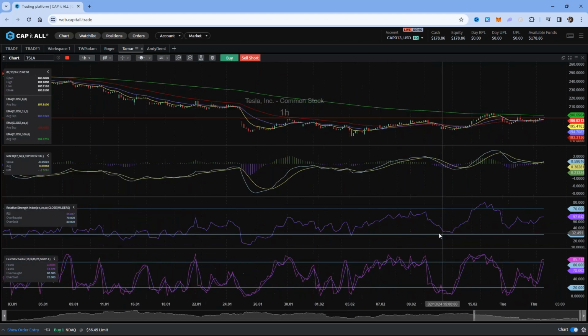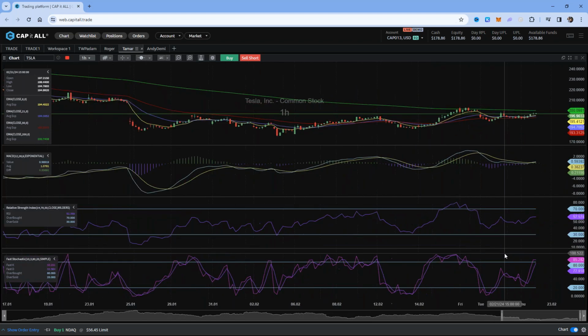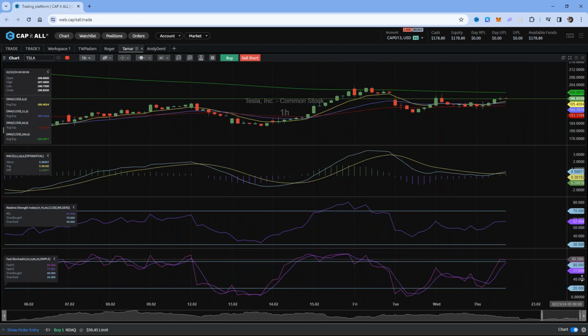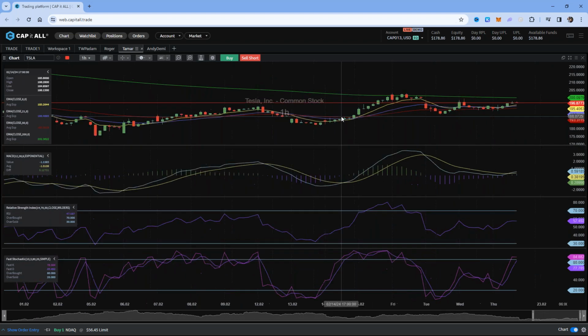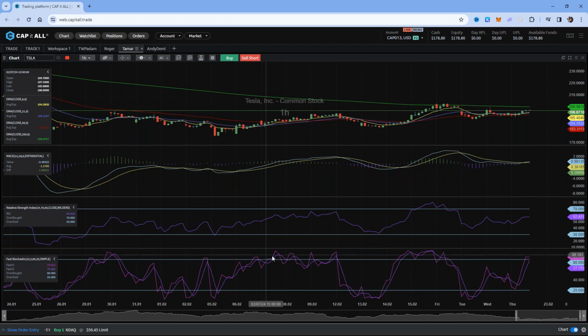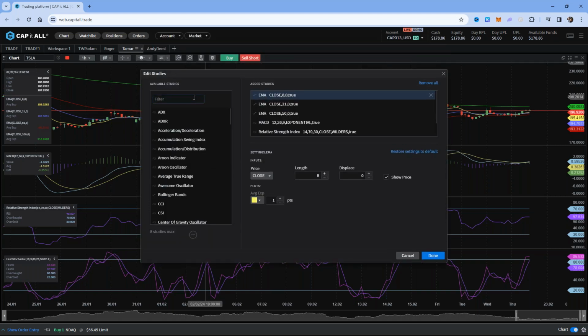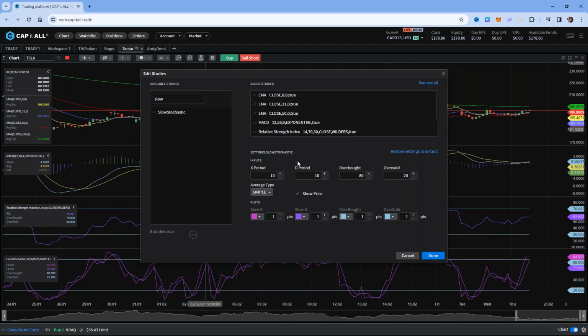Right, so here it is. What we want to do is see if past signals have worked. What you don't really want, you can see here, is overbought for a long time. I'm going to try the slow stochastic because that can sometimes give us slightly better results.